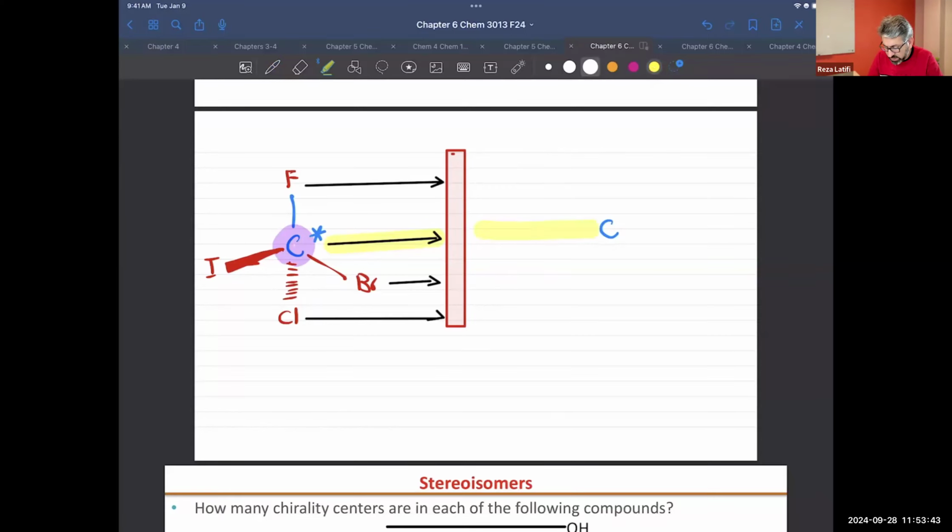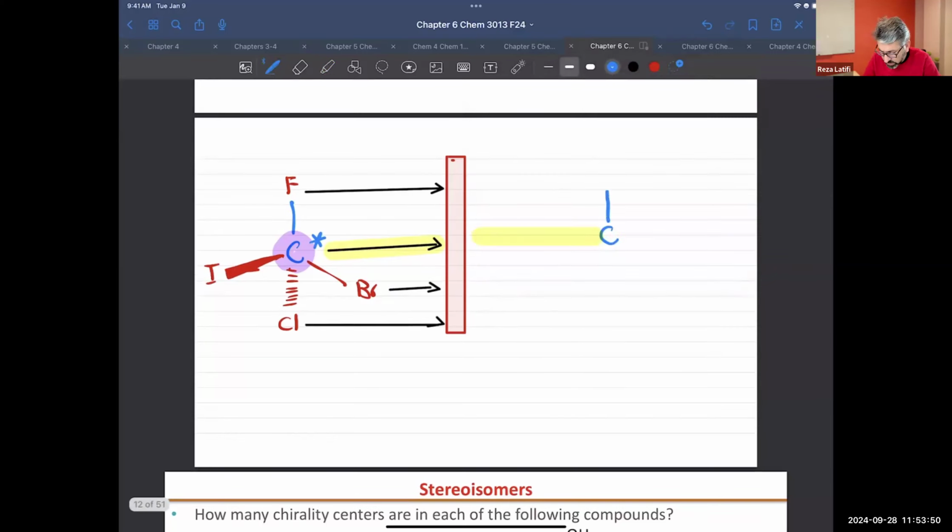So the carbon is here. Next, I have a fluorine inside the plane. So here you go, this is a fluorine. Then I will have bromine. So I have a fluorine here, and bromine is there.